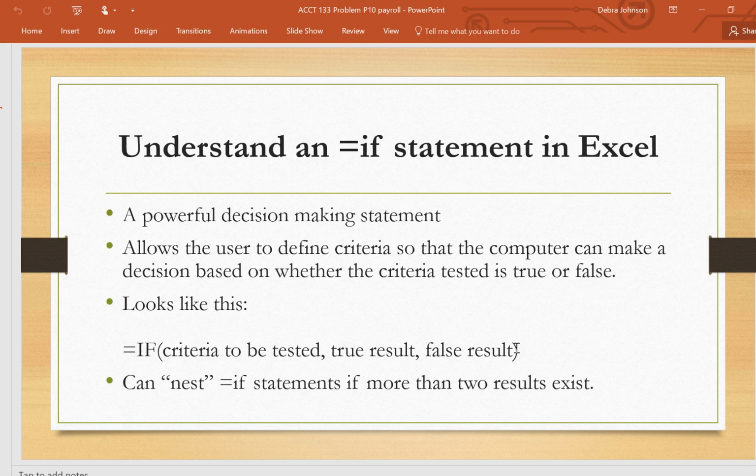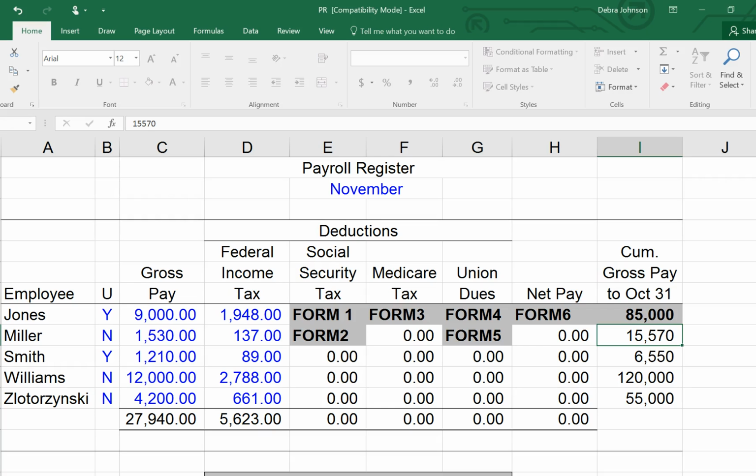To demonstrate this, let's start off with an easy equals if function. Let's take a look at the union dues for the first employee, Jones. According to the instructions in letter C on page 66 of your textbook, a $25 deduction is made if the employee is a union member.